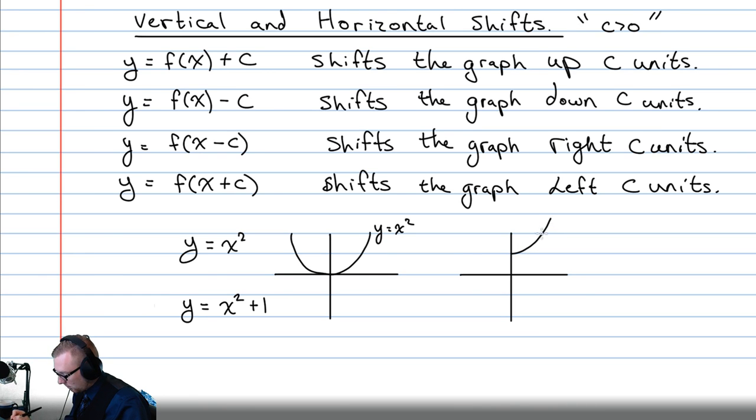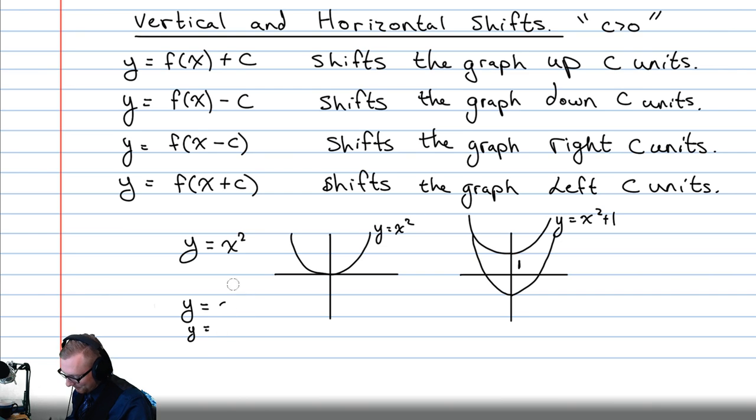Yeah, so it would look just like that, up 1 unit. What if we subtract 1 from it? It will go down 1. Yeah, so it'd be the same thing, but just going down. Yes, exactly.